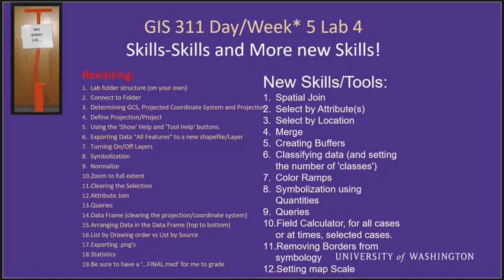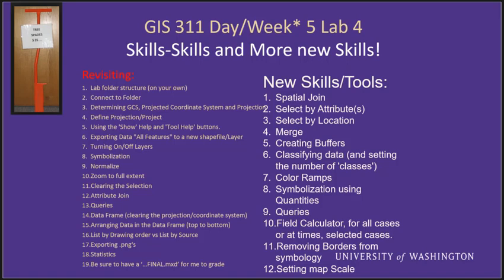You've learned to normalize your data, zoom to the full extent, clearing the selection, complete an attribute join. You did that in Lab 2. Queries. You've done them, but we're going to touch on them more extensively this week.